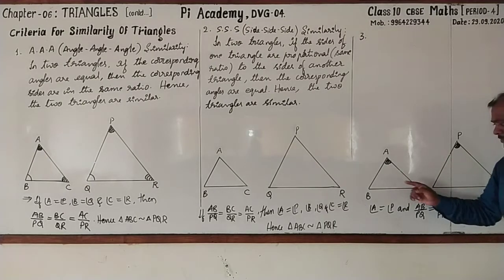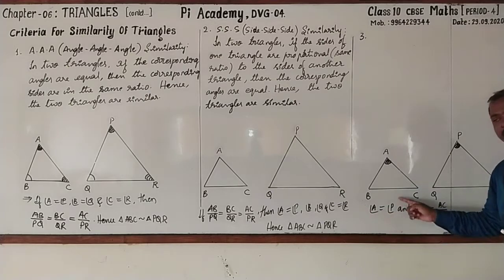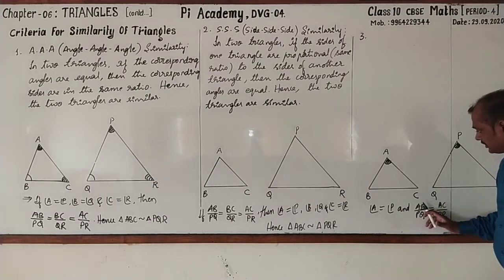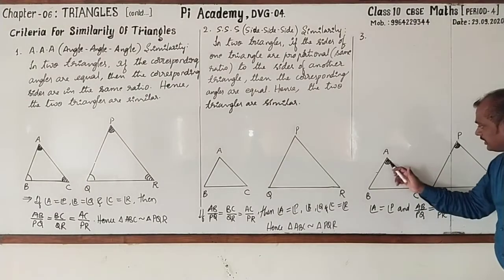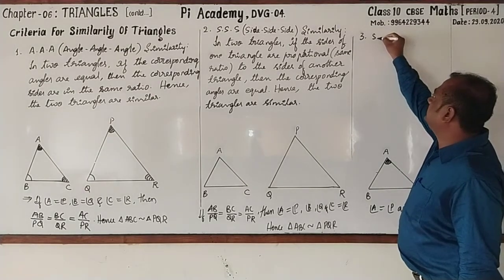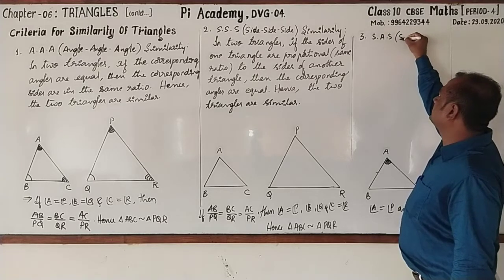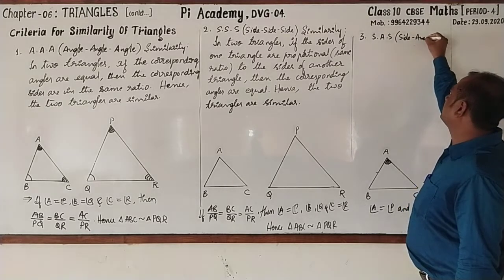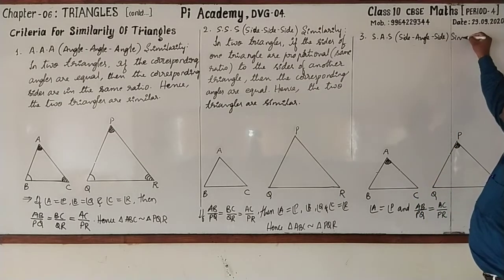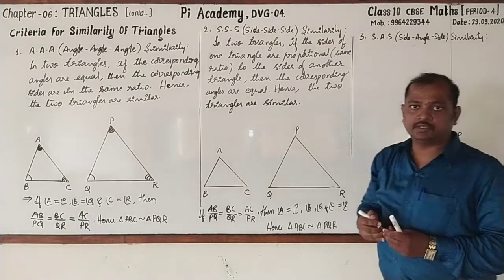Followed? Observe here. Here, the angle is taken, corresponding angles, and here corresponding sides are in proportion. These are sides and this is angle. Hence, you can say that SAS, that is side, angle, side, similarity or just SAS similarity criterion.